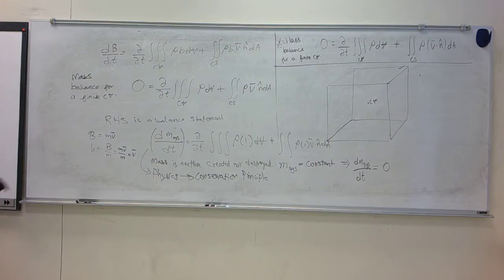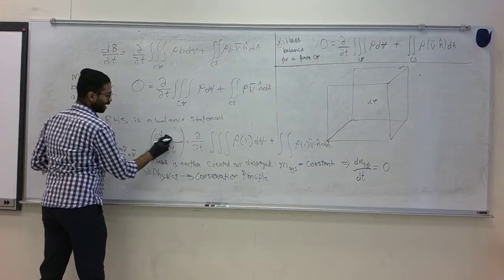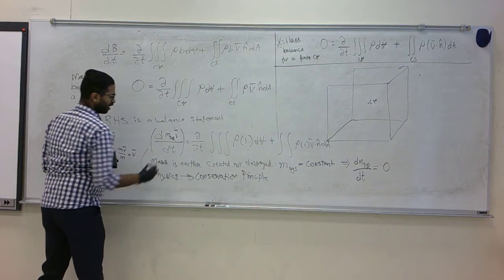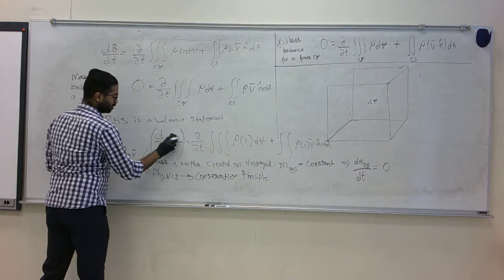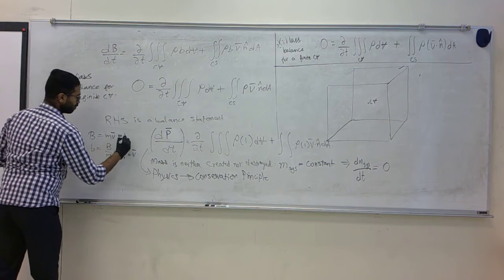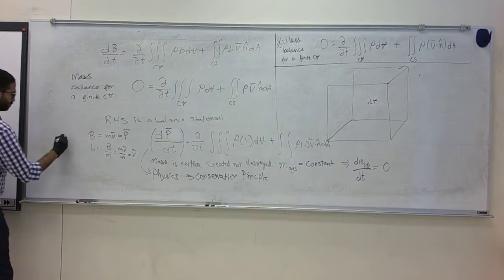And the rate of change of linear momentum, instead of mass, I'm going to say m system times the velocity, or I'll write linear momentum.